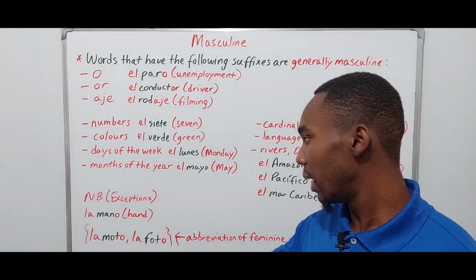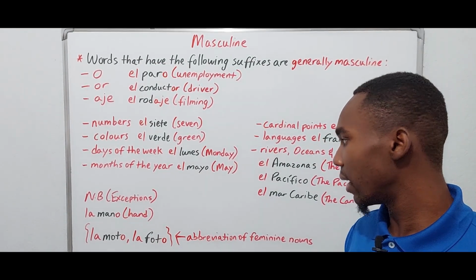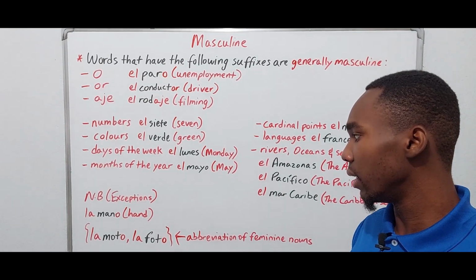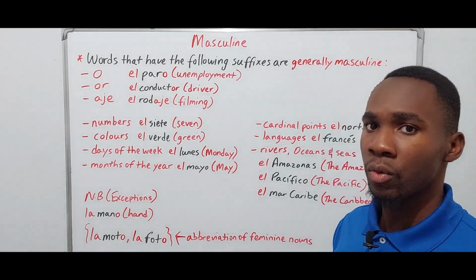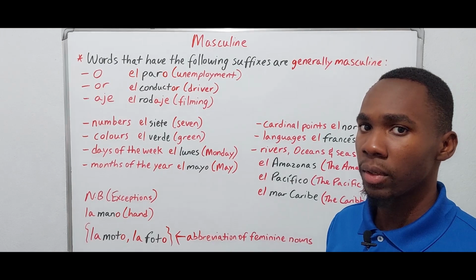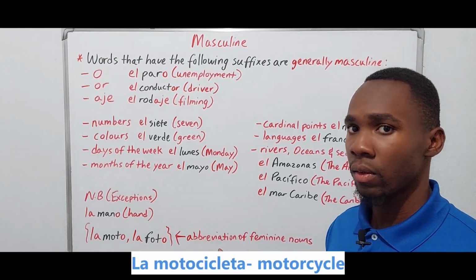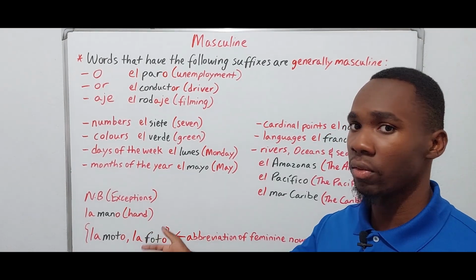La moto, la foto. Now these are examples of words that have been abbreviated, but they are actually feminine words because moto is motorcycle, but that's a shortened form. The word for motorcycle in Spanish is la motocicleta, right? So that's feminine, but this is just a shortened form.